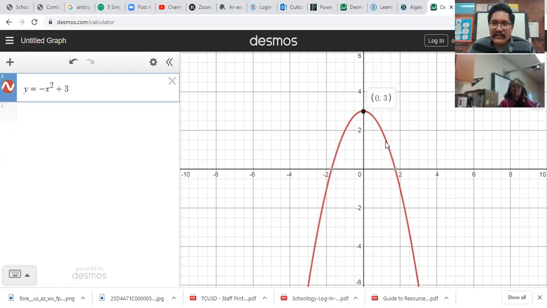Last thing is, oh, sorry, the range. In this case, if I'm moving from left to right, you notice that we go up this line, up, up, up. We reach a peak, and then we go back down. So we reach a maximum, and the highest y value is going to be 3.